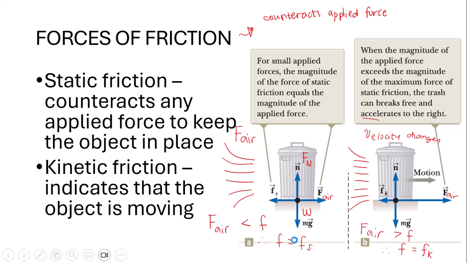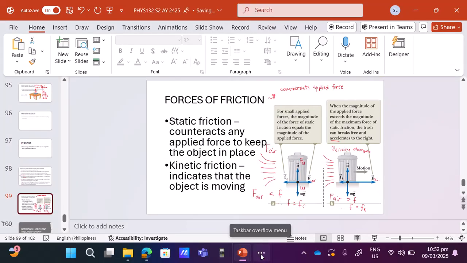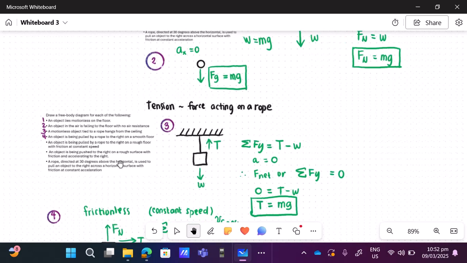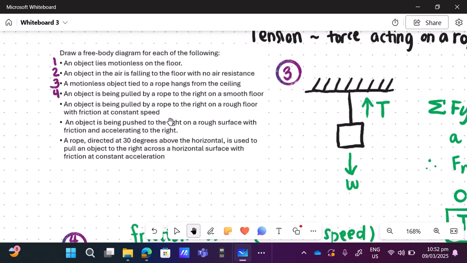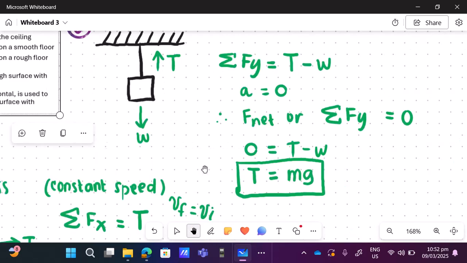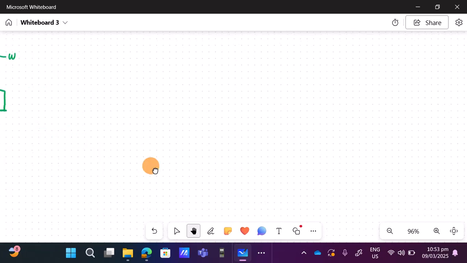Now, let's go back to our three remaining examples, which already involve friction. So, let's move to the side of the board.